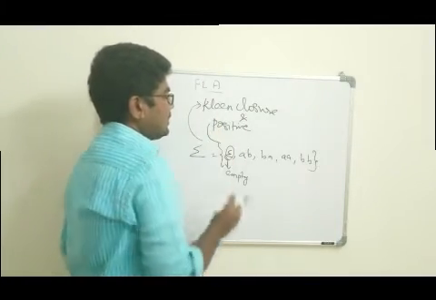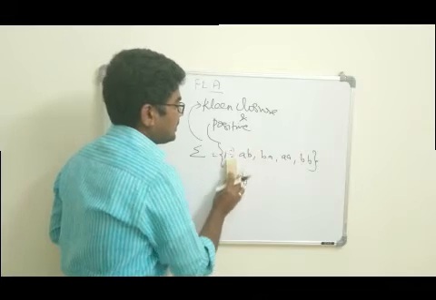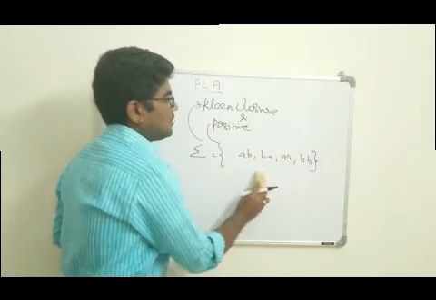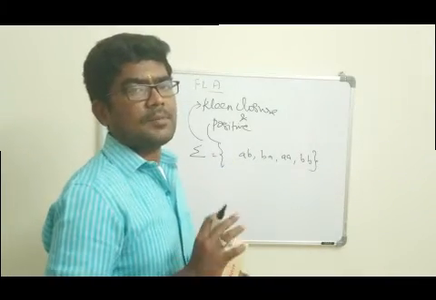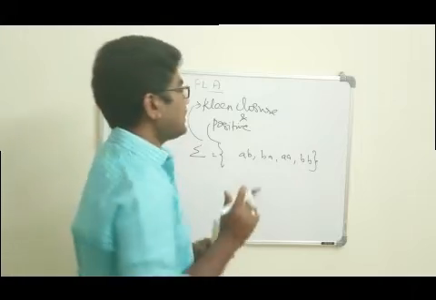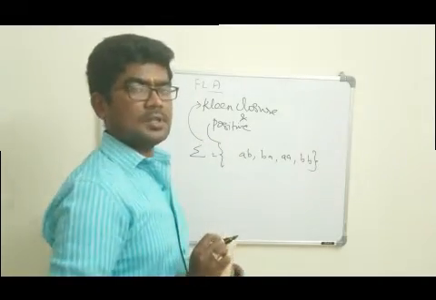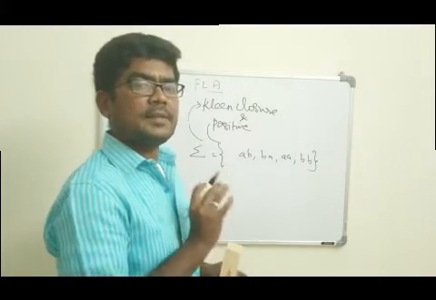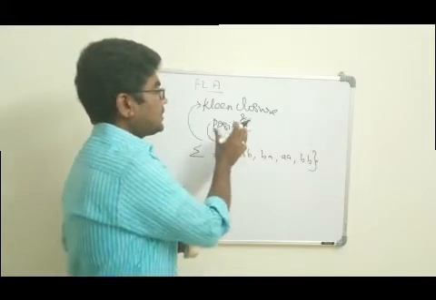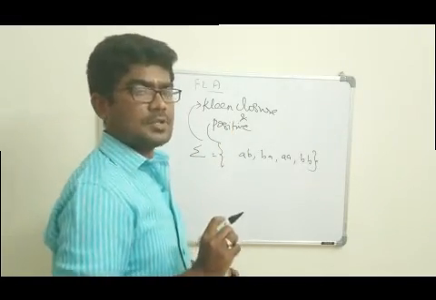Positive closure means you won't add this empty string. Without adding an empty string, you write a language that is just a combination of strings. That is said to be the positive closure. Now how will you denote these?